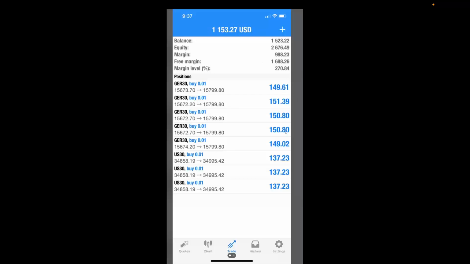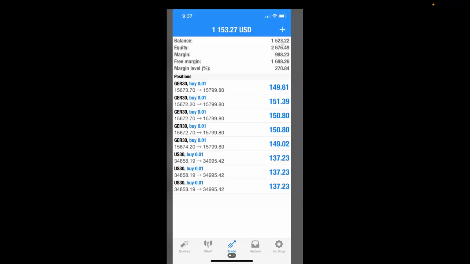This is how much he has profited. The trade moving in this direction, when you add everything together, he has made $1,153. So his balance, before he starts trading, was 1,523.